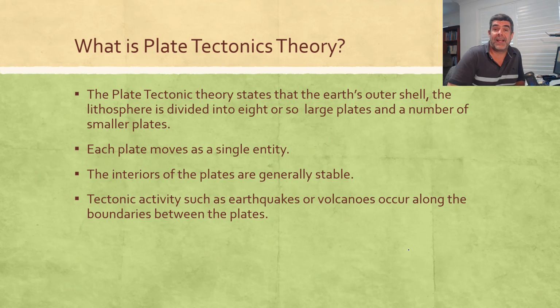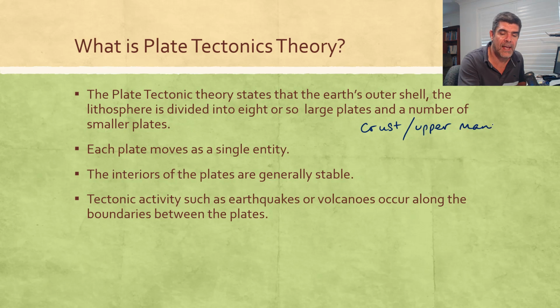So what is plate tectonics theory? Why is this such a good theory, and why does it explain things like continental drift? Well, put simply, plate tectonics is the theory that the Earth's outer shell, the solid part of the Earth, which includes the crust and also the upper part of the mantle, and we'll have a look at just a quick cross-section of these just in case you've forgotten what these terms refer to, is a region of the Earth known as the lithosphere.